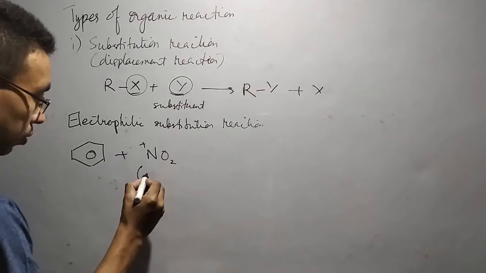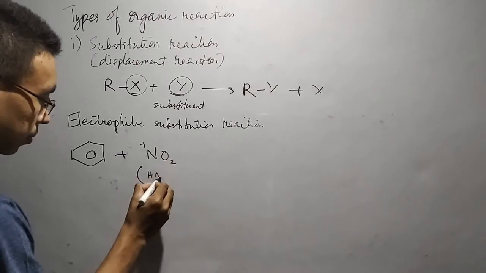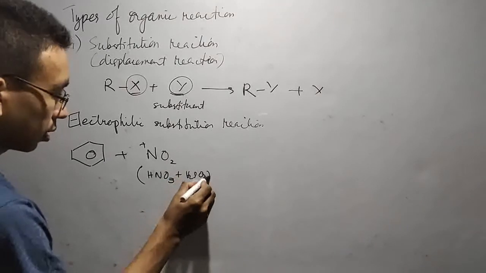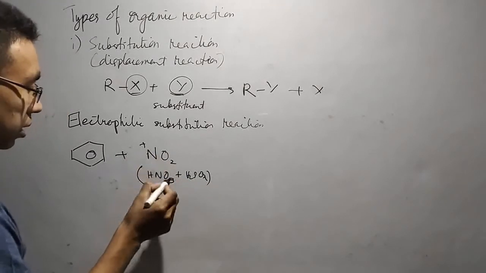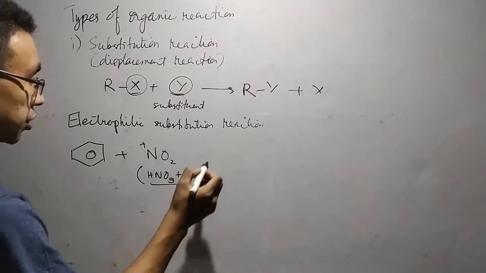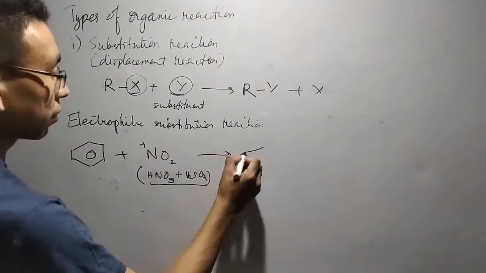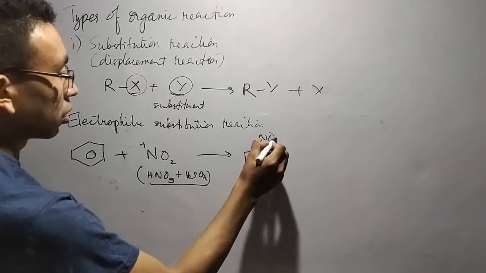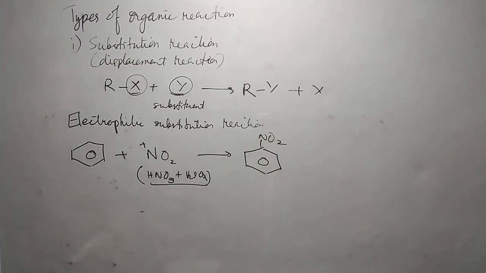With HNO3 plus H2SO4, we get NO2 plus from this mixture, so it will give nitro compound, or a derivative of a nitro compound. So this is an example of electrophilic substitution reaction.